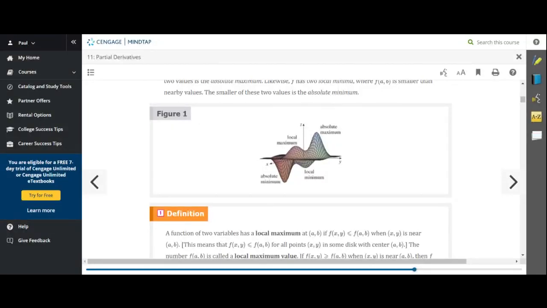The tangent lines to the point at the top of the hill: if you have a tangent line going in the x direction and a tangent line going in the y direction, what would the slope be of those tangent lines? So that absolute maximum there in figure 1, if you had the point at the very top where the maximum is, and you pass two tangent lines to the surface through that point, one going in the x direction, one going in the y direction, what would the slopes be of those two tangent lines?